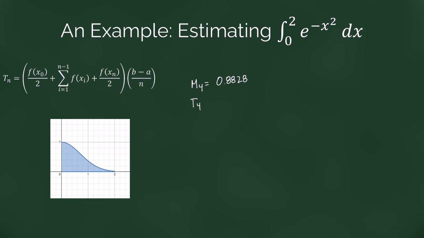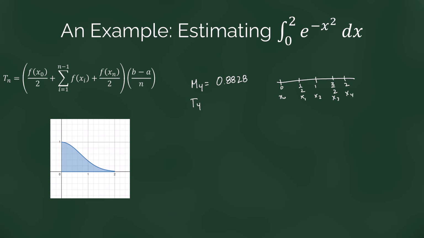So we know, once again, we're dividing our interval from 0 to 2 up into 4 subintervals. So we're going to have 0, 1/2, 1, 3/2, and 2. These now are, in fact, our x sub i's. We don't need midpoints this time. So this is x sub 0, x sub 1, x sub 2, x sub 3, and x sub 4.